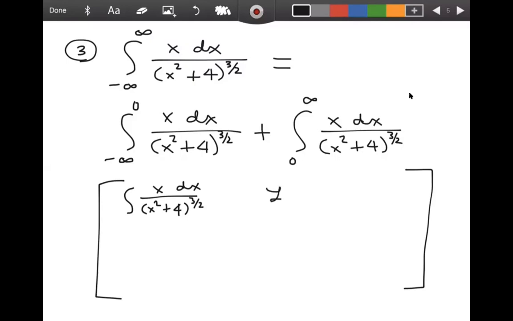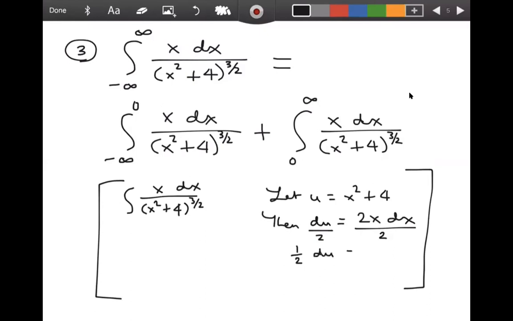If we let u equal x squared plus 4, then du is 2x dx. Well, we don't want the 2, we just want x dx. So x dx is going to get replaced with 1/2 du. All right, so this integral becomes 1/2 integral du over u to the 3/2.